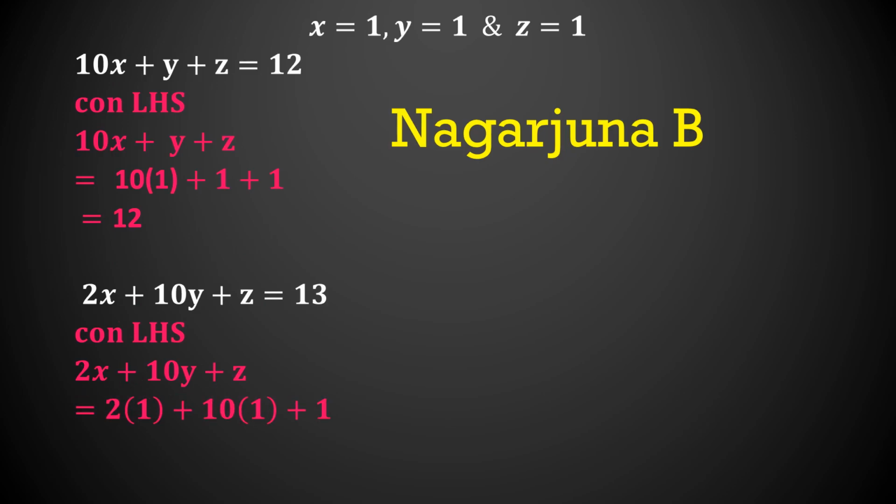So 2 into 1 is 2, plus 10 into 1 is 10, plus 1. So 2 plus 10 is 12, 12 plus 1 is 13, which is the RHS. So LHS is equal to RHS. That means whatever answer we have got is correct according to the second equation also.